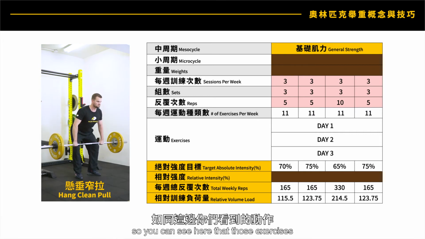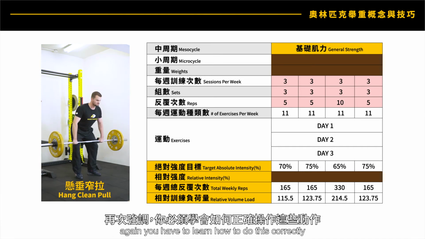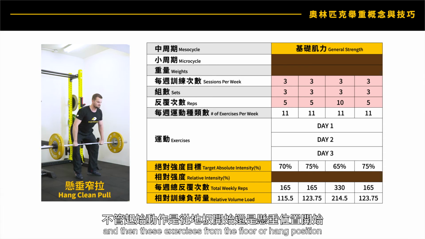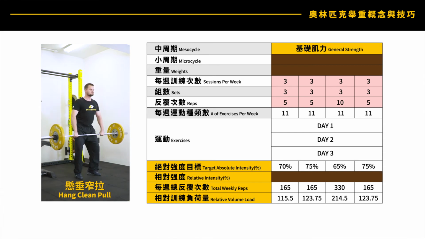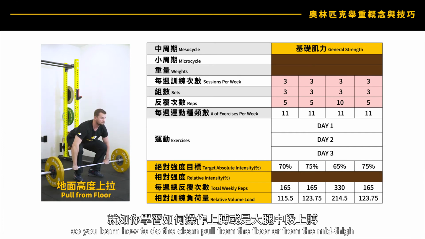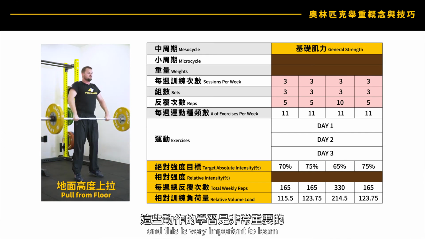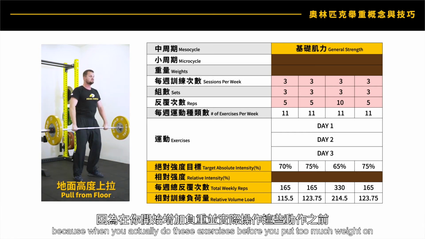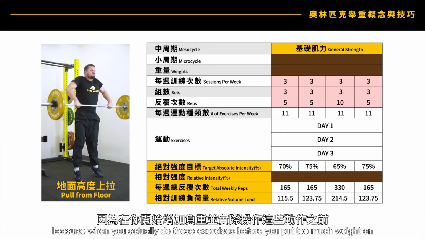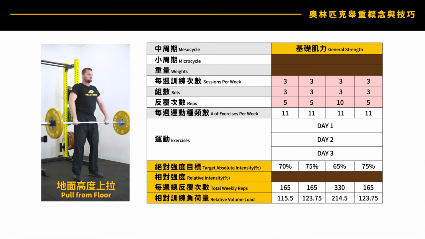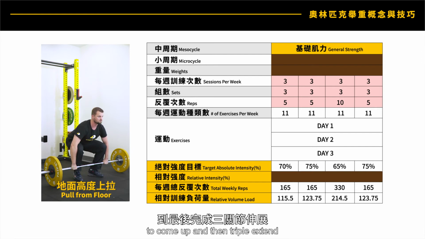You can see that with those exercises, again, you have to learn how to do this correctly, from the floor or hang position. So you learn how to do the clean pull from the floor or from the mid-thigh. This is very important to learn because before you put too much weight on, you have to be able to maintain that posture from here to come up and then triple extend.